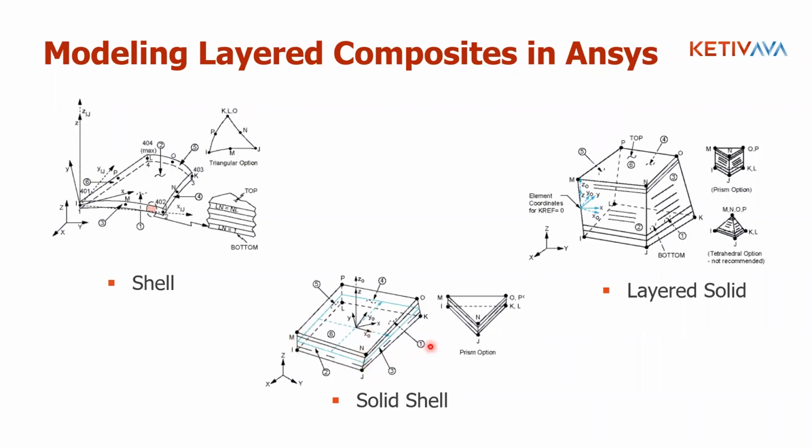Okay, and if you have a thick laminate, you probably want to use a layered solid. Okay, so these will use the formulation of a solid element. And then again in the solid element you define the layers, the stacking sequence of the layers. Okay.